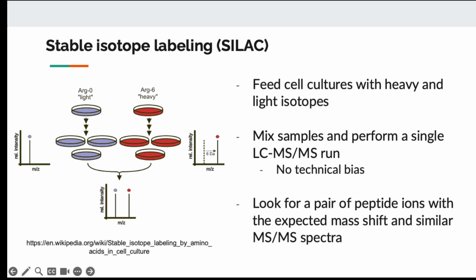If this peptide has one arginine, we expect the gap to be 6 Dalton. If this peptide has 2 arginine, we expect this gap to be 12 Dalton. So the bioinformatics software not only has to deduce the peptide sequence, it also has to check whether the deduced sequence matches the difference in mass between these two peaks.